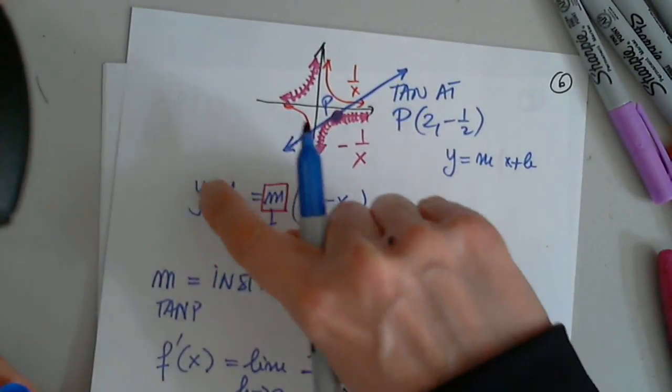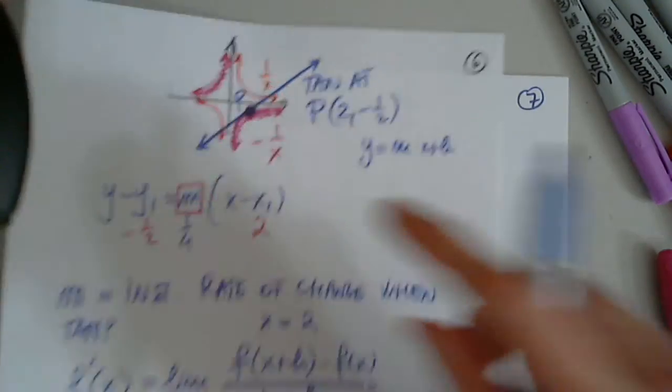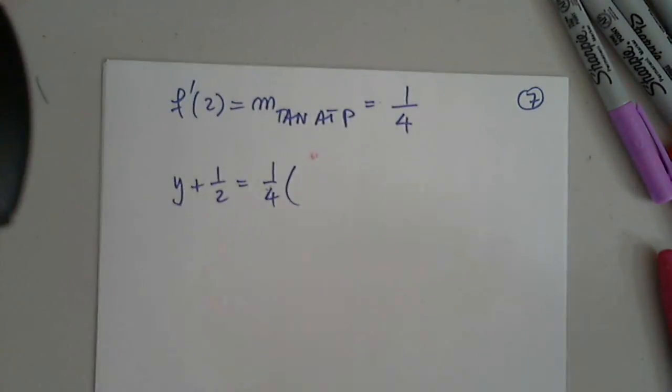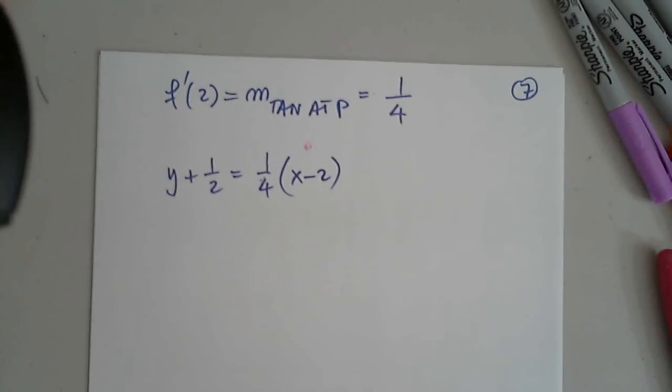Good. So I have finally everything I need. So I have y minus negative 1/2, which is y plus 1/2, equals 1 over 4 times x minus 2. And yes, we will distribute.